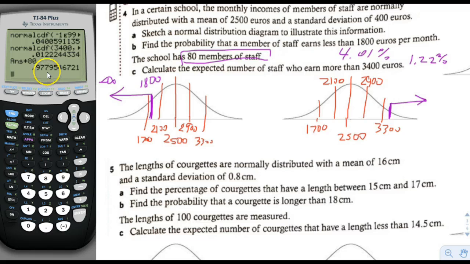And that's going to give us 0.978 members of staff. So basically that is almost one staff member. So we could just say one staff member. Okay, so be careful, the decimal there means almost one person.